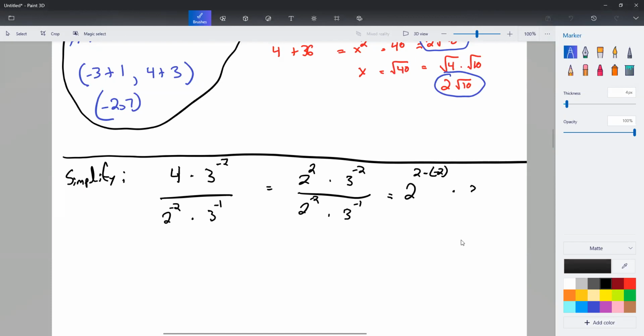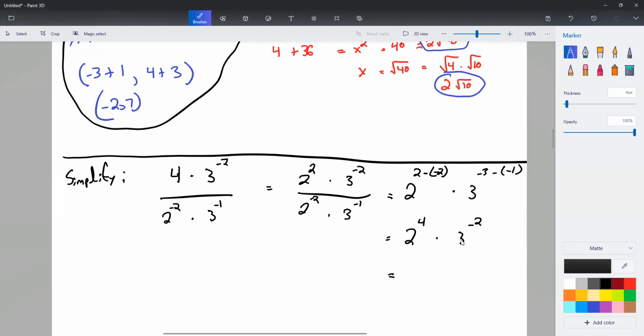So times 3, top exponent negative 3, minus the bottom exponent, negative 1. When we do that, 2 minus the negative 2, the negatives cancel each other out to make a plus. So I get 2 to the 4th times 3 to the negative 3 minus negative 1. Those cancel out to make a plus, so we're going to get 3 to the negative 2.